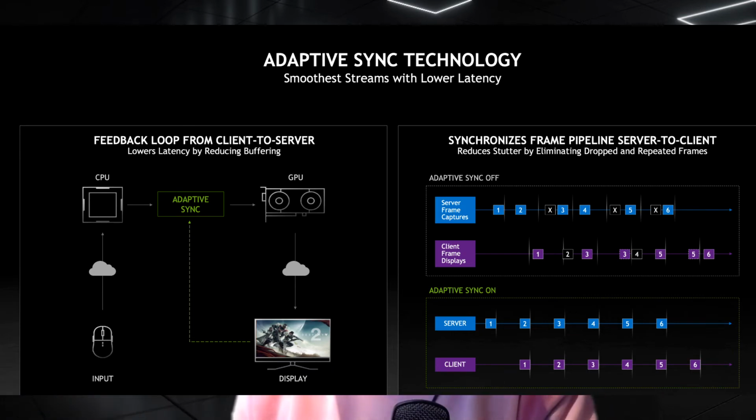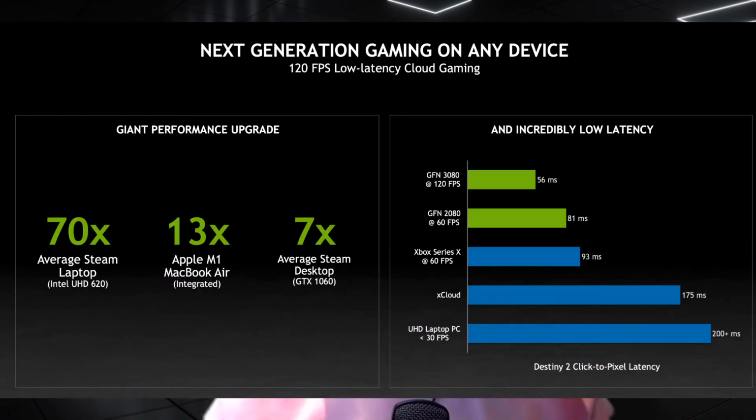So from that perspective, what you then see is that headline at the top: a smooth stream with lower latency. Now, I'm very quickly going to talk about the latency. They've done a couple of examples to showcase and compare what they've managed to achieve, in terms of pushing out that higher frame rate, and the improved performance that the RTX 3080 is going to offer.